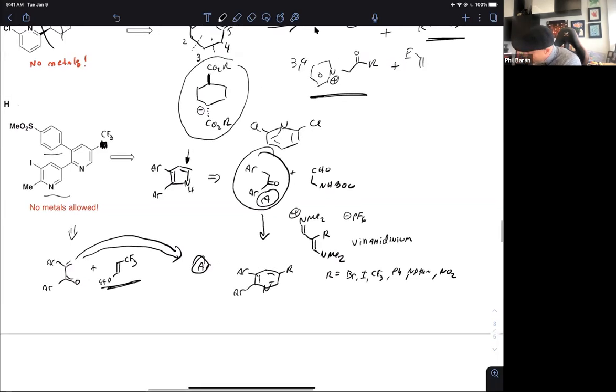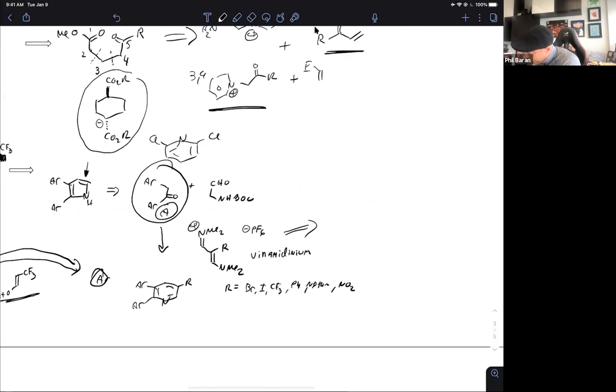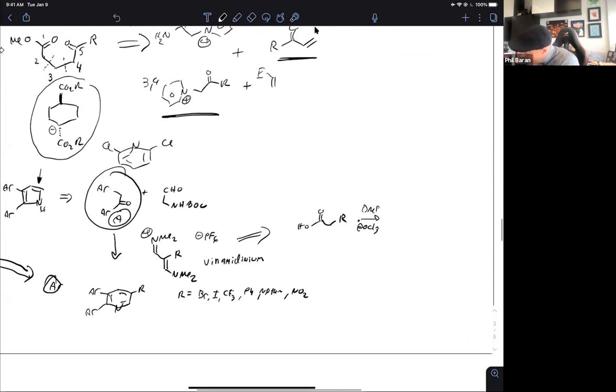Where does this thing come from? All you need to do is start off with your alpha substituted acetic acid. Treat this with DMF and POCl3, our favorite Vilsmeier conditions, and you go through the intermediacy of something like this.